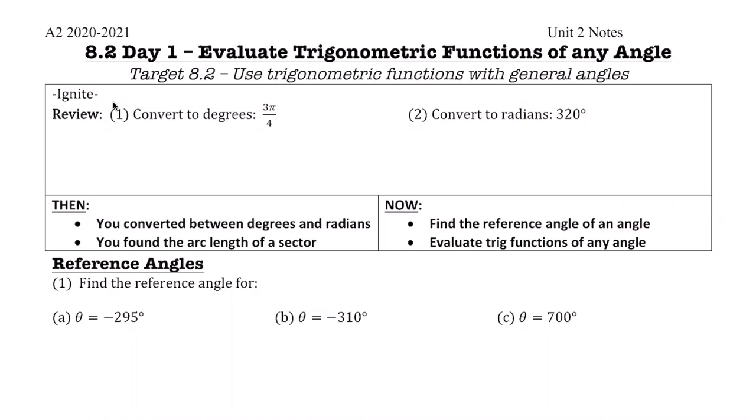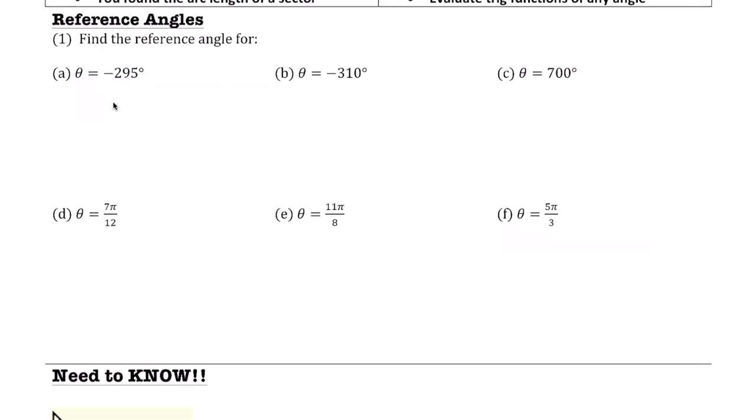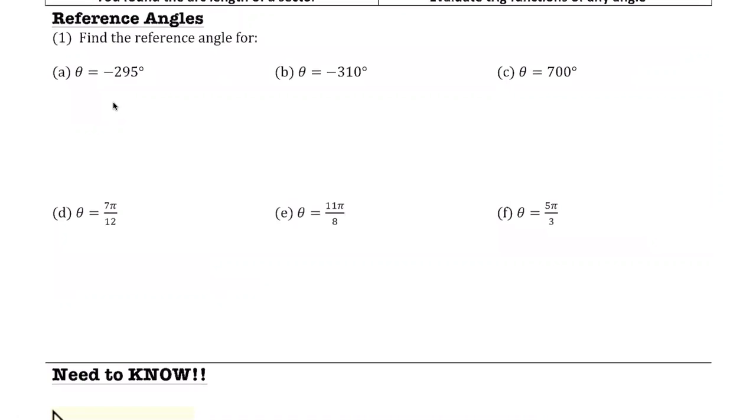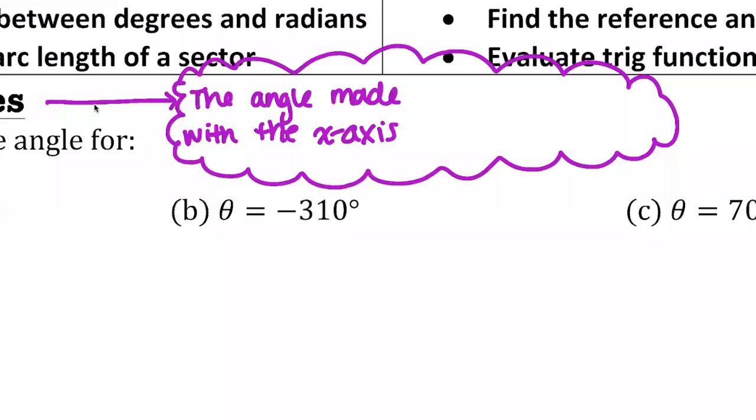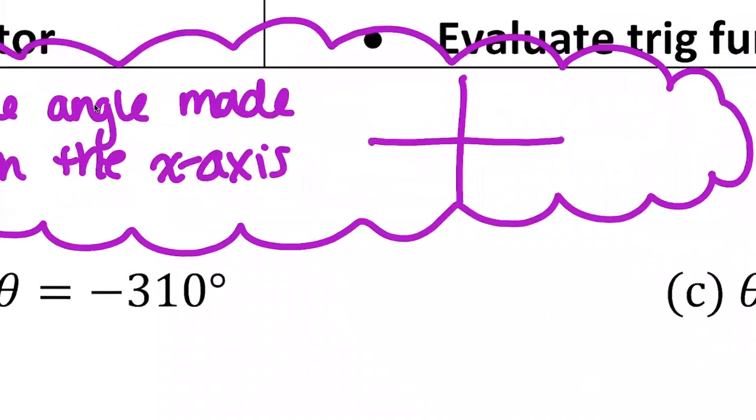One of the first things that is going to be really helpful to us is to find something called a reference angle. A reference angle is technically the angle that is made with the x-axis. Depending on where your angle is, let's say you have your little mini coordinate grid, if your angle is in the first quadrant, we think of that as a right triangle, and this angle right here would be the reference angle.